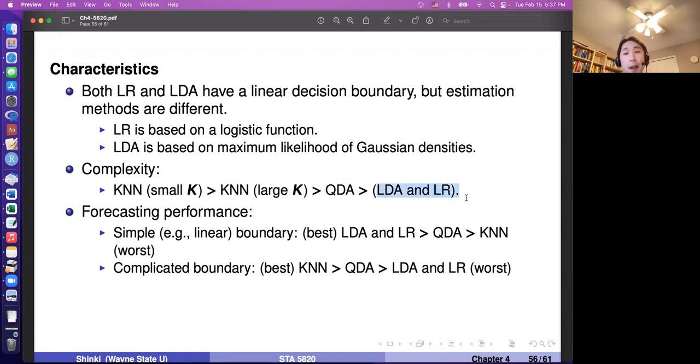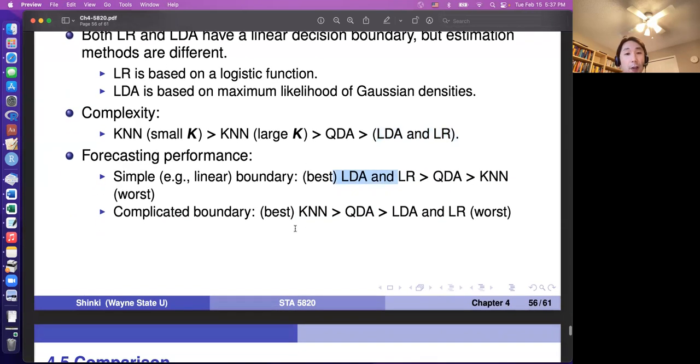And LDA is a simpler version of QDA. In QDA the boundary is hyperbolic, but in LDA it is linear, so it's simpler. So LDA and logistic regression are simpler. In forecasting performance, if the boundary is simple, the simpler model is usually better, LDA or logistic regression, and KNN may be worst.